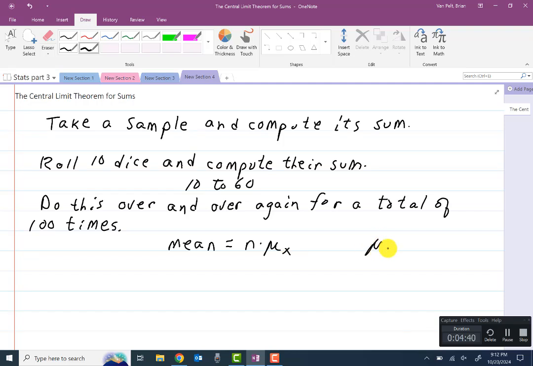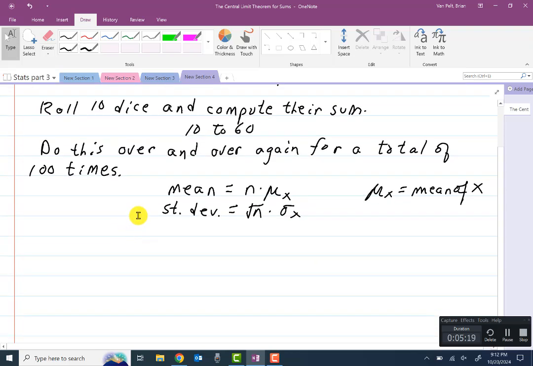Remember, mu of x is the mean of the random variable x. And the standard deviation is the square root of n times sigma sub x. In the case where I'm rolling dice 10 times, n would equal 10.